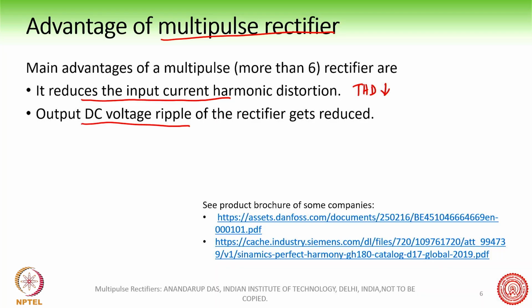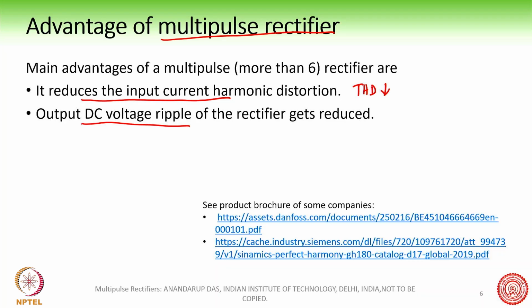And so the output voltage is now getting closer and closer to pure DC. This is what we expect, right? Ultimately this is a rectifier. We want to convert AC to DC, and the better the DC, the better the output.